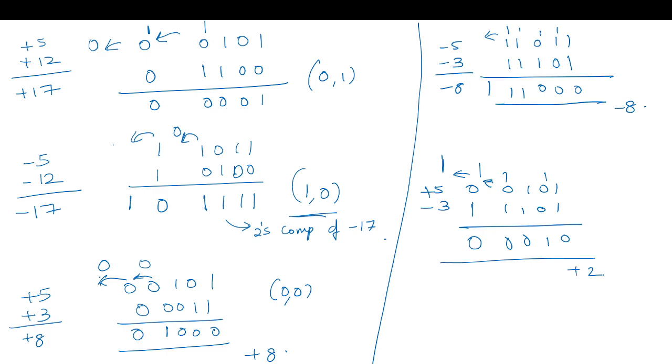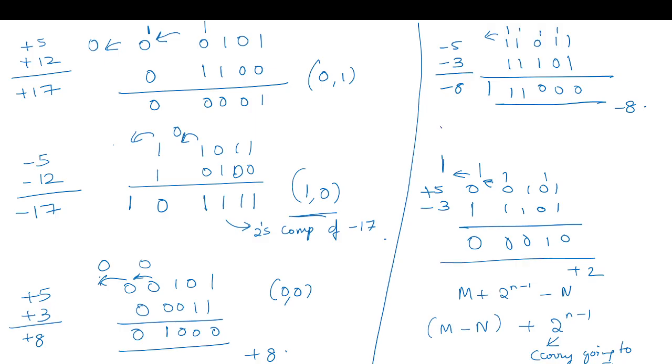So this is plus 2. So here we got a carry because we are performing m minus n, and we have a 2 to the power n minus 1. This is a carry out, which is going to the sign bit.